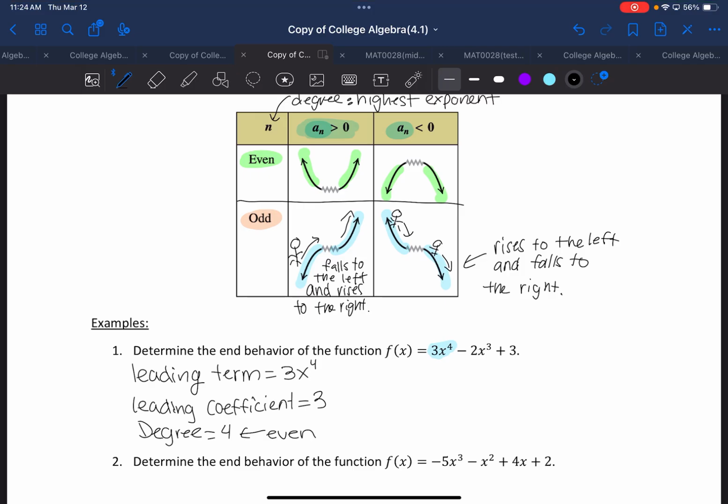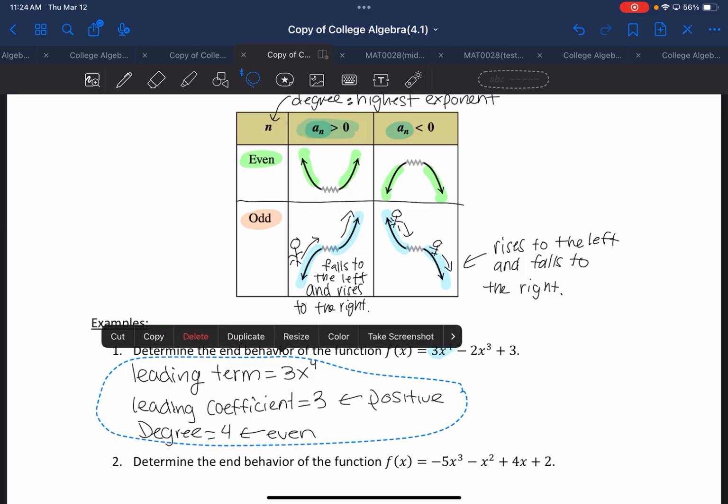So automatically I know that my end behavior will be pointing in the same direction, either both up or both down. The leading coefficient is 3, that's positive. So will it be pointing up or down? Up. Perfect.